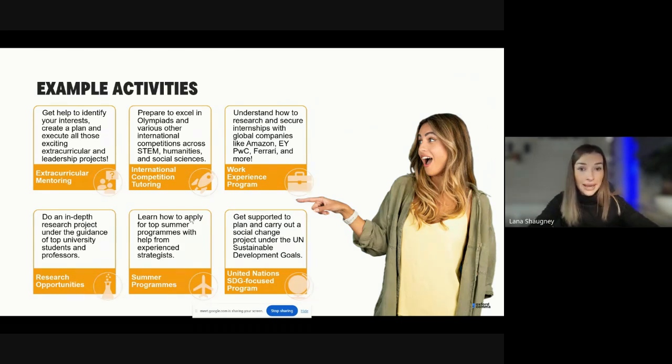It can be local, national, international, work experience programs. So if you do want to go into law, it can be volunteering or a shadowing experience in a local law firm. For business and entrepreneurs, it could be starting their own small campaign or an online store. It could be research opportunities that you could have done at school.